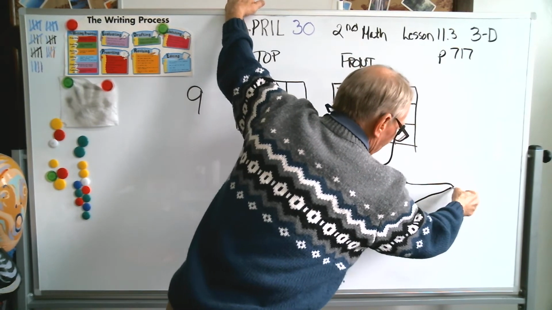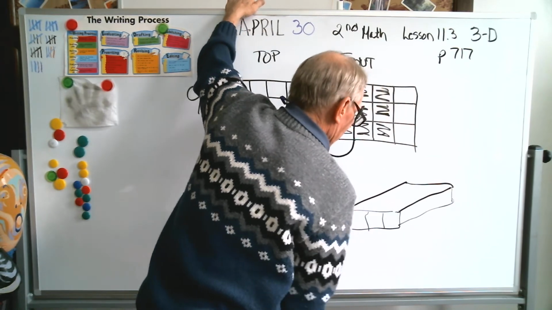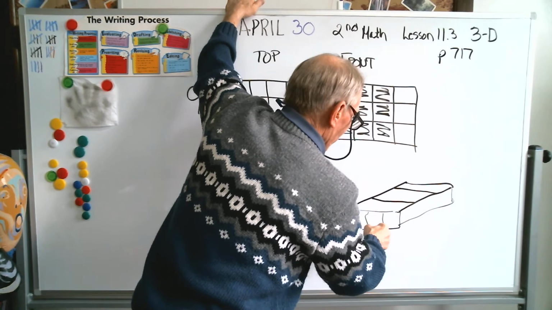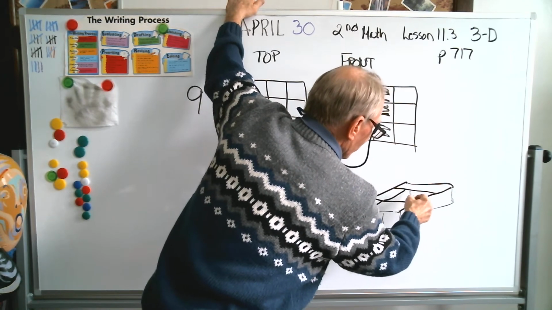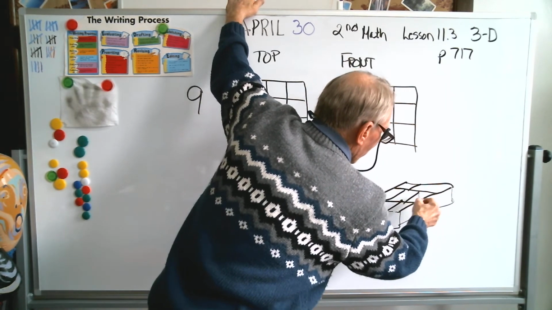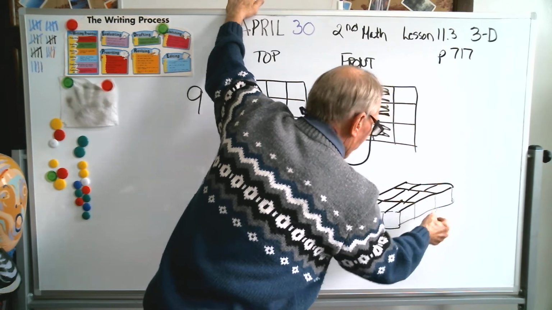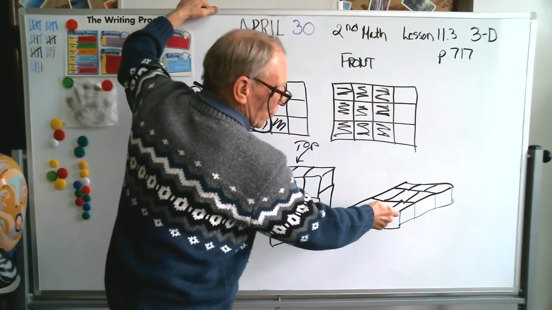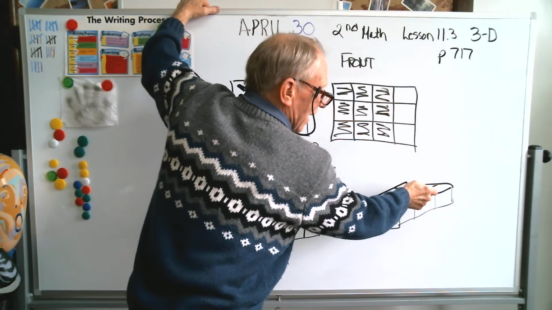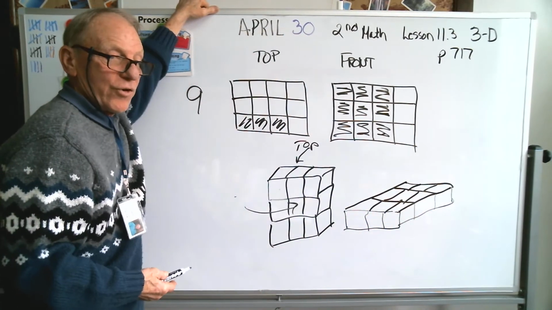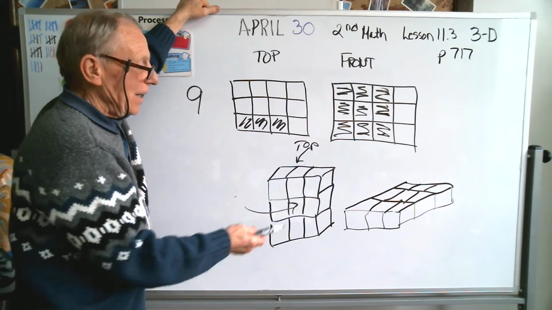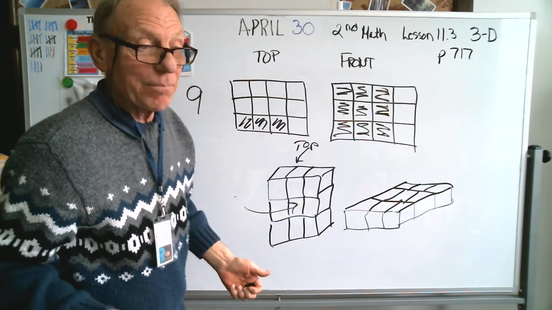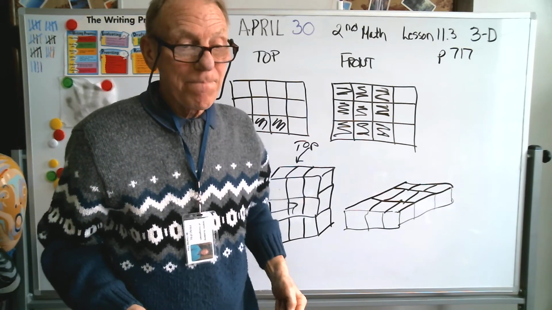It would have been a lot longer because you would have ended up with 1, 2, 3, 4, 5, 6, 7, 8, 9 of those cubic blocks. So you can either be laying down or be standing up. Either way, it's got 9 blocks.